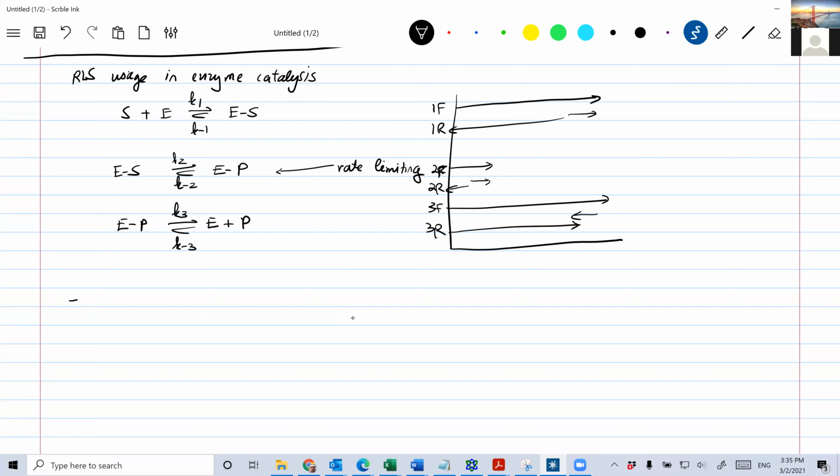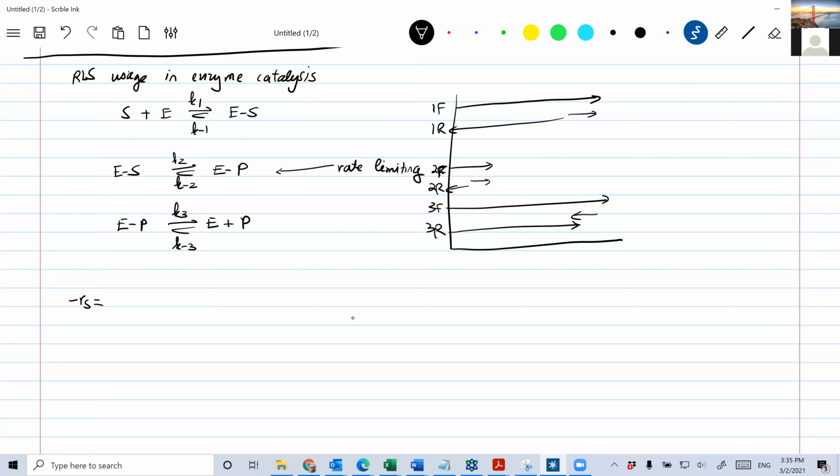And by doing a bit of math using the rate limiting step approach, what the rate limiting step stipulates is that if the rate limiting step is the actual reaction rate, the others are in equilibrium, or the others are as fast as the rate limiting step. They couldn't be faster. They couldn't be slower. Right. So that's what we have said.